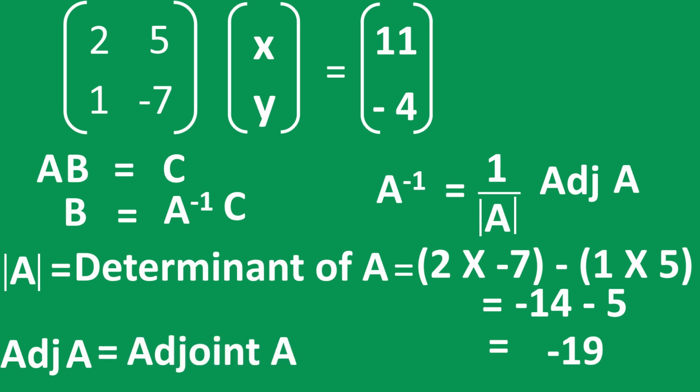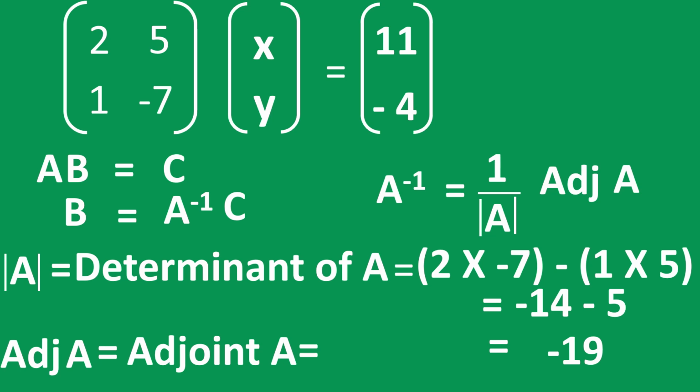Now what about the adjoint of A? The adjoint of A, represented as ADJ A, is simply, let's go back and look at the matrix A on top left, where we have the 2, 5, and then the 1 and minus 7. In short, the coefficients of x and y in the simultaneous equation.